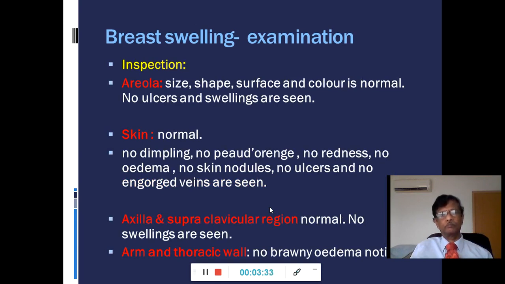No ulcers and swellings are seen. Skin: normal. No dimpling, no peau d'orange, no redness, no edema, no skin nodules, no ulcers and no engorged veins are seen. Axilla: normal. No swellings are seen. Arm and thoracic wall: no brawny edema noticed.